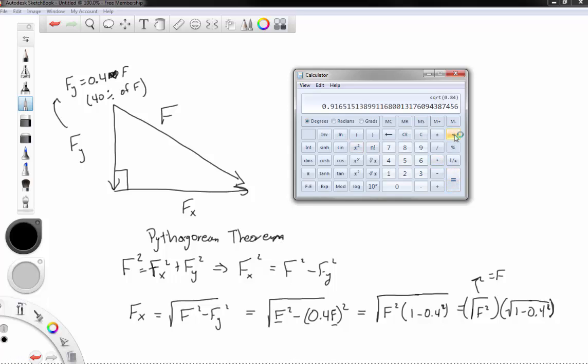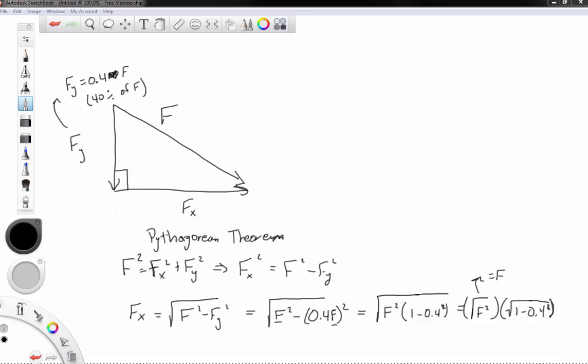And if I take the square root, I get 0.916. So Fx should really have been 0.92 times F. F, recall, is given as 200 newtons.